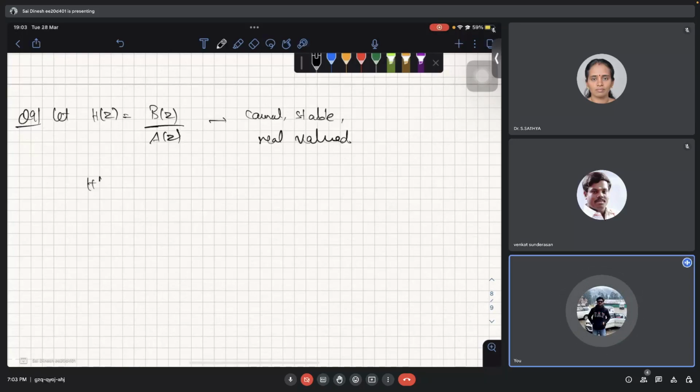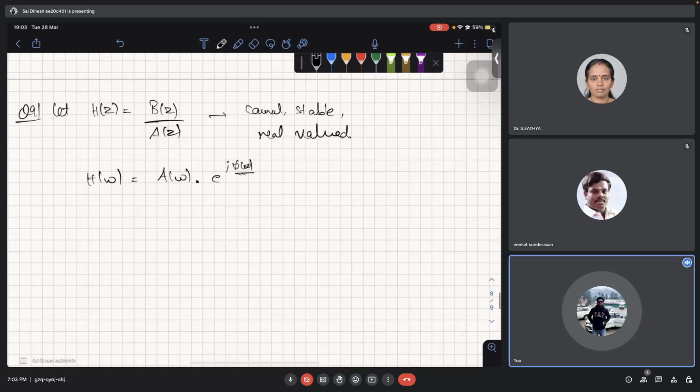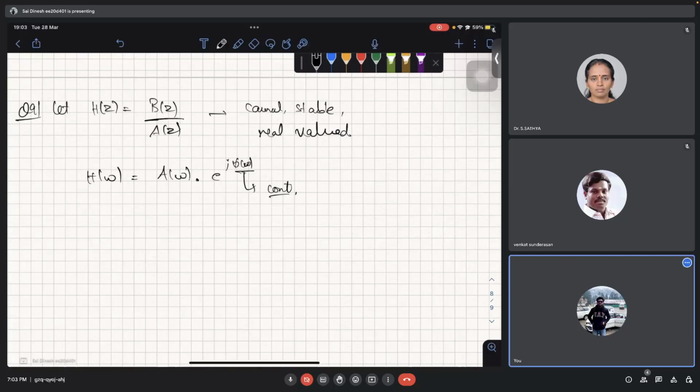Frequency response of the form e power j phi of omega, where phi of omega is continuous, and let z naught be a first order zero on the unit circle.